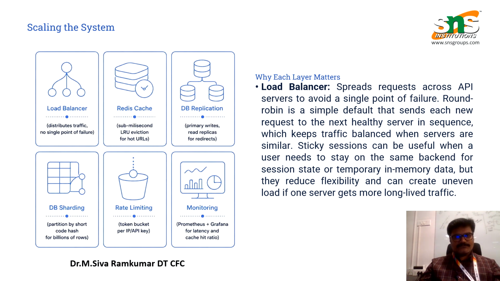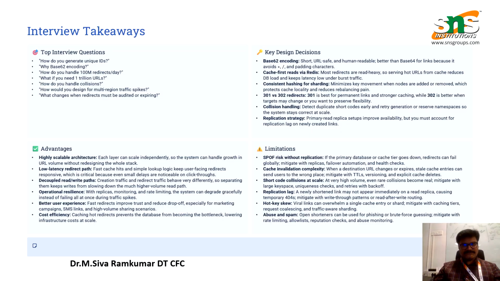As the dataset grows, database sharding distributes the data across multiple databases. Rate limiting prevents abuse and protects the service from excessive traffic. Finally, continuous monitoring tracks latency, cache hit ratio, and error rates so engineers can quickly identify and resolve the performance issues.